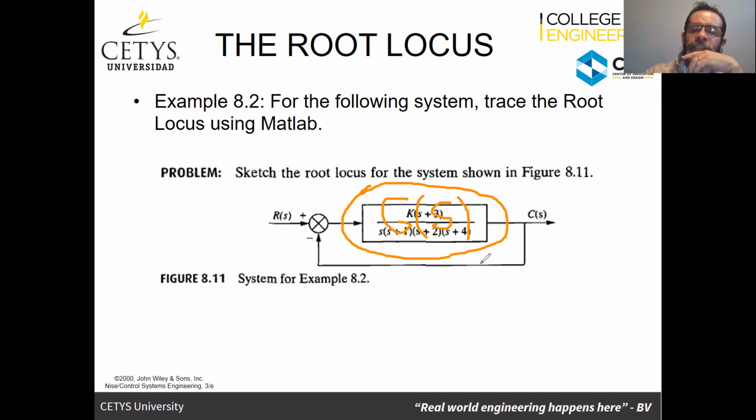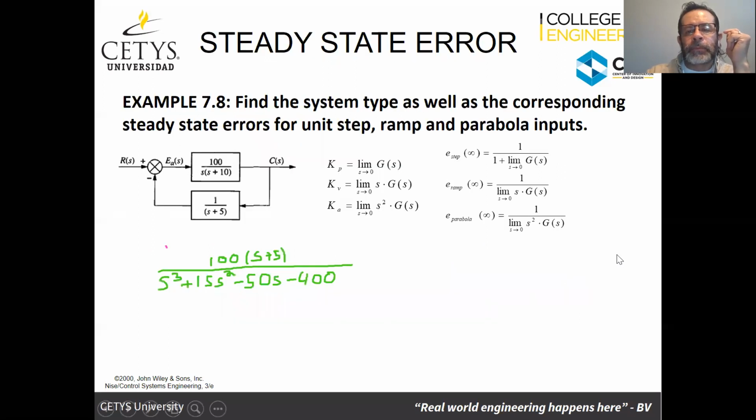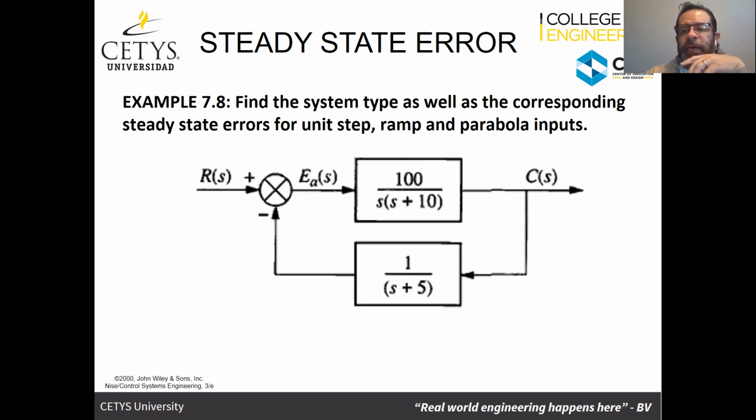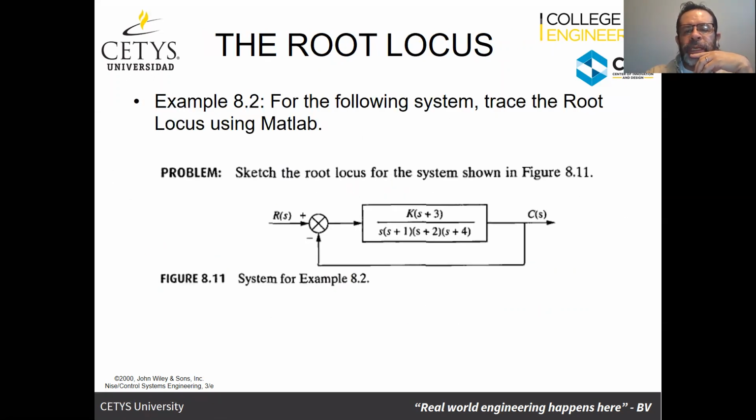If the system does not have unity feedback, then we would have to do this procedure that we talked about to convert it into a unity feedback system. We need the forward transfer function to be the only thing we have, so in the feedback we should only have a one.